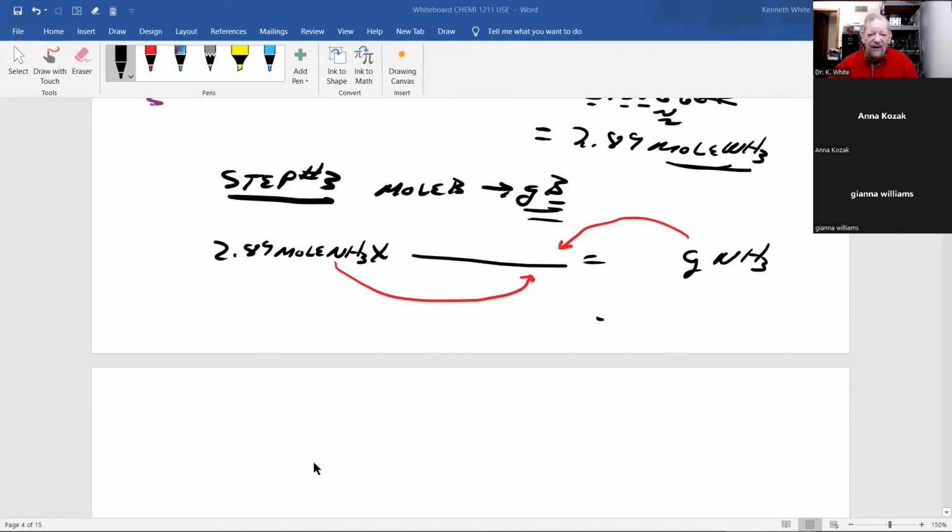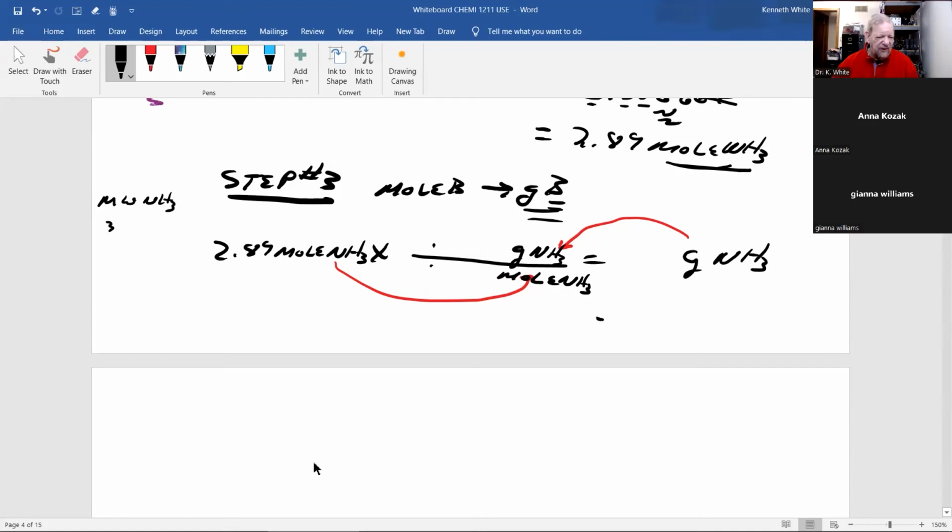All right, now I should be able to write it in. And where do we get these two numbers? 1 mole of a compound equals the molecular weight of that compound. I'll write it over here, molecular weight of ammonia, which we've already done.